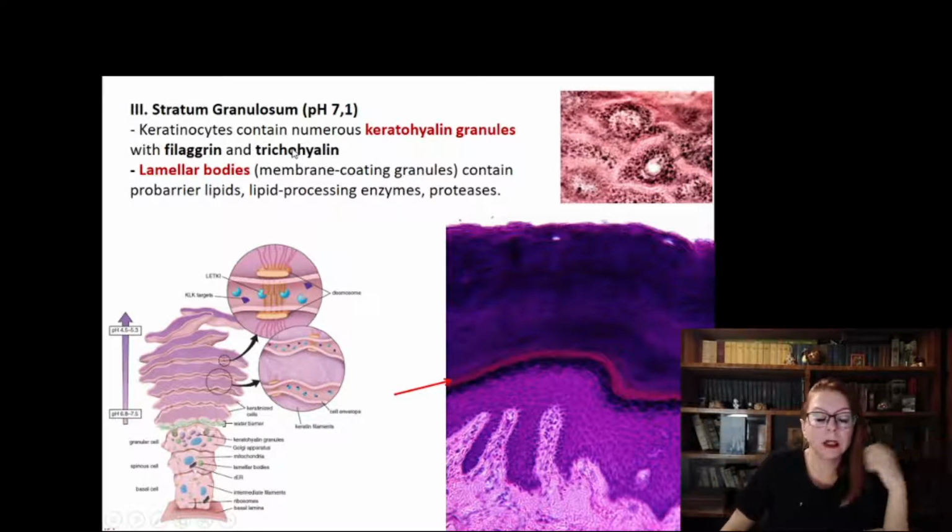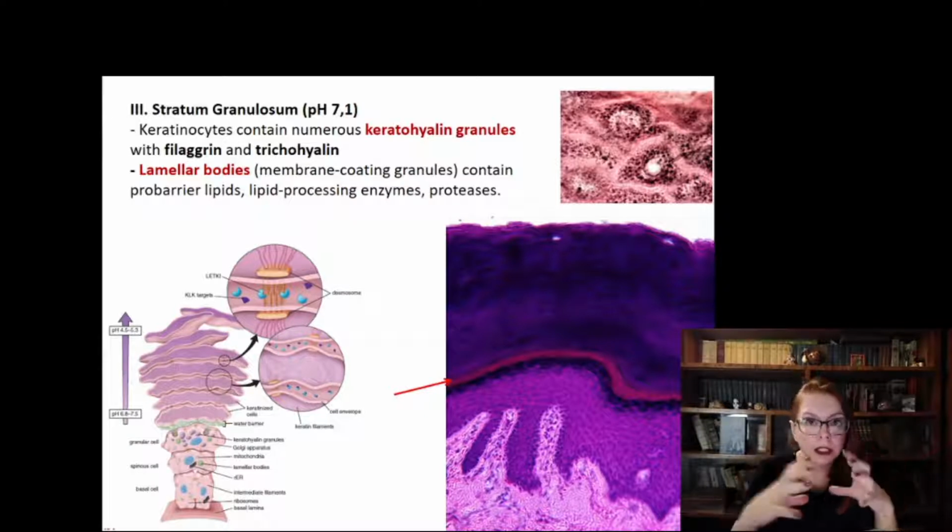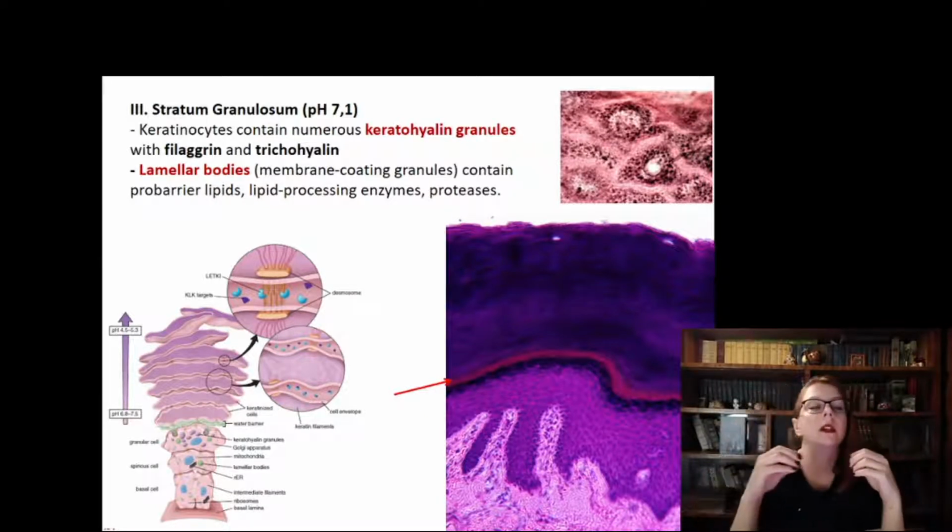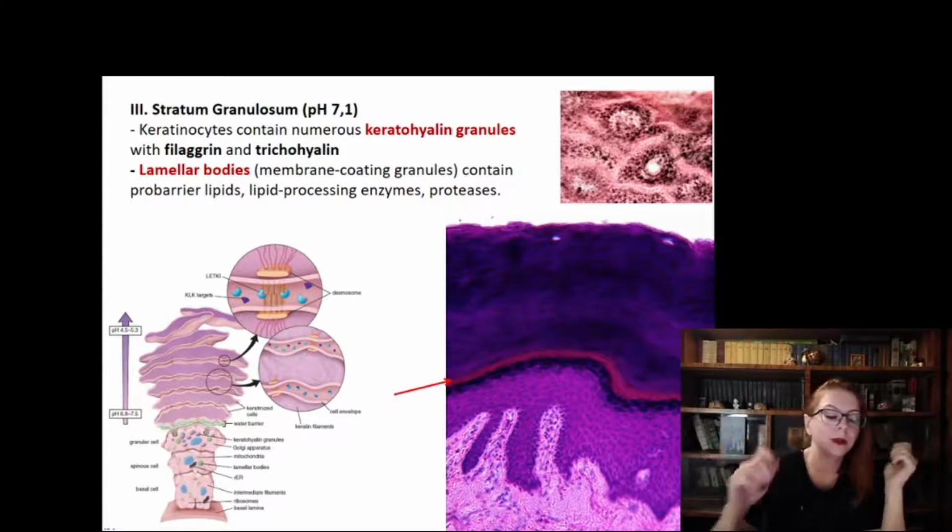Trichos means hair, and hyalin like glass-like, homogeneous structure. So keratohyalin granules help to aggregate the cytoskeleton into thick bundles called tonofibrils, and in this way they make our superficial cells dense and scale-like.